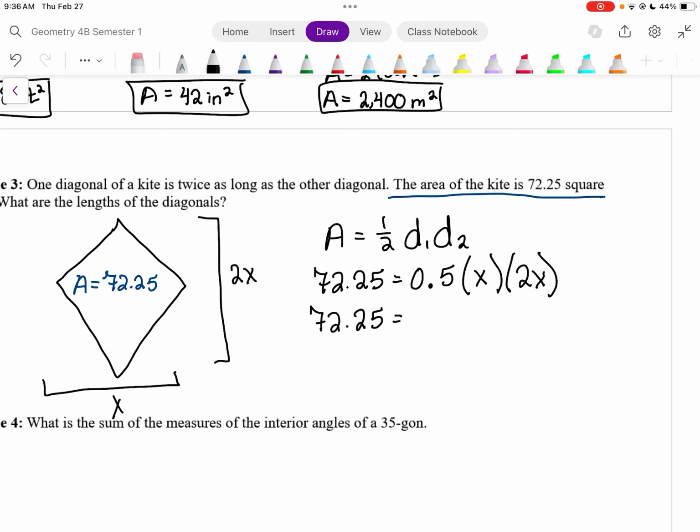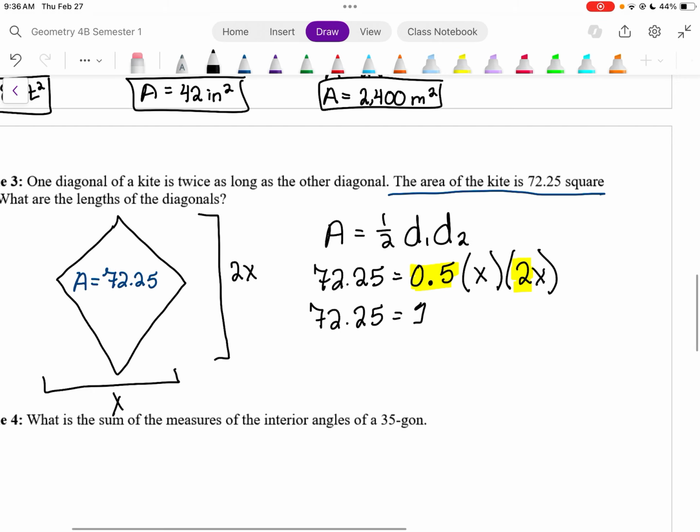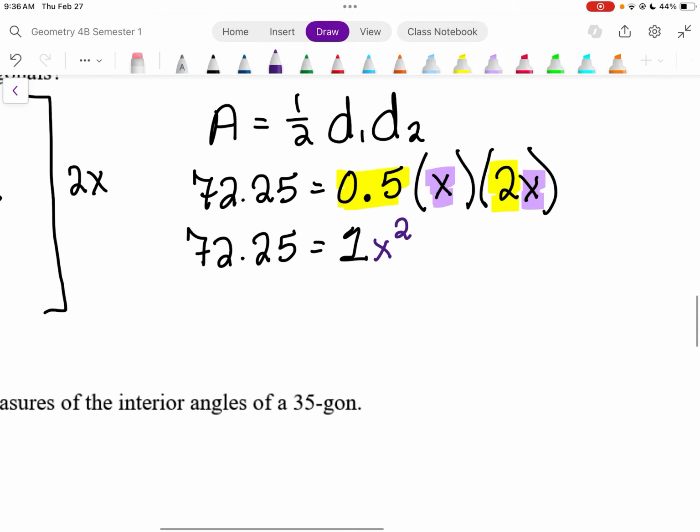When you have a problem where you are multiplying both numbers and variables together, you are going to start by multiplying the numbers. So 1/2 times 2 is 1. And then you're going to multiply the variables together, x times x. And this is where a lot of people get the answer wrong, is because they forget that is x squared.